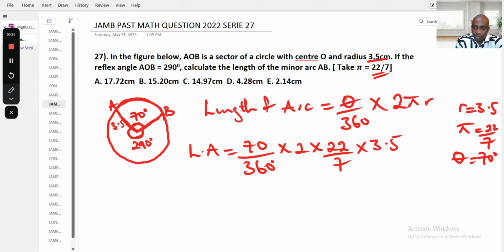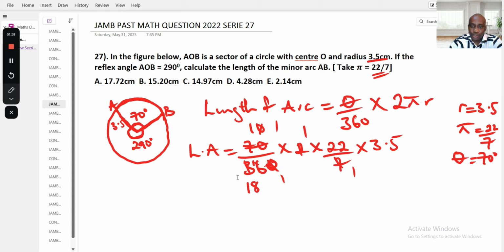Therefore, what are we going to do next now? Are we going to divide? Yes. 7 can cut 70. 7 here 1, 7 here 10, isn't it? What is next that can cut? We can cut 0. 0 here is 0. 0 here is 0. What next can cut it? I think we can use 2. How many 2 can we see in 3? 1. Remainder 1, add it to the 6, 16. How many 2 can we see in 16? 8.